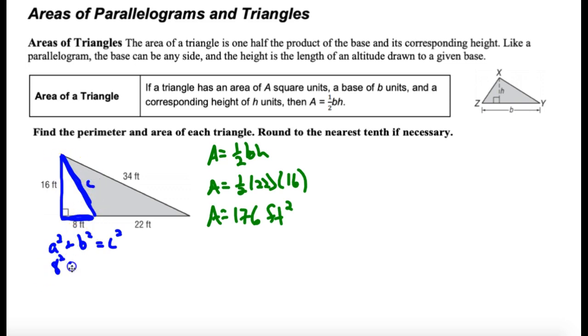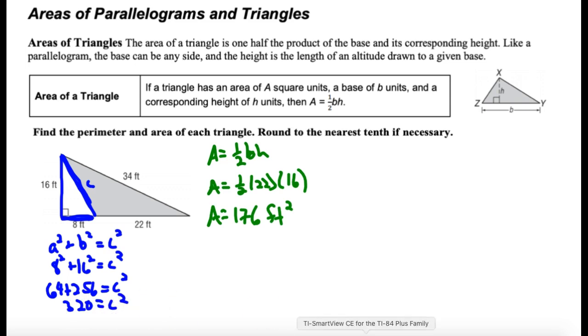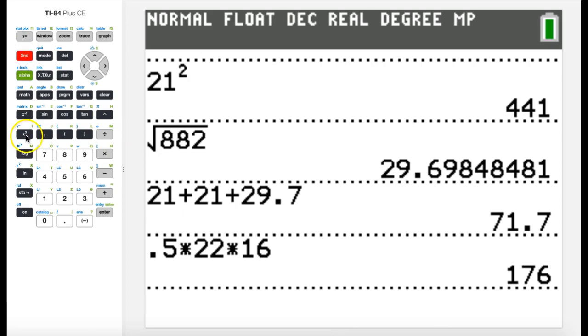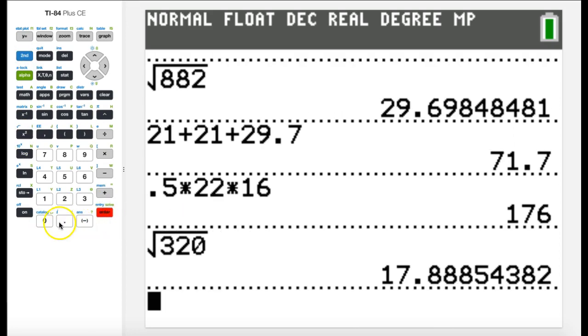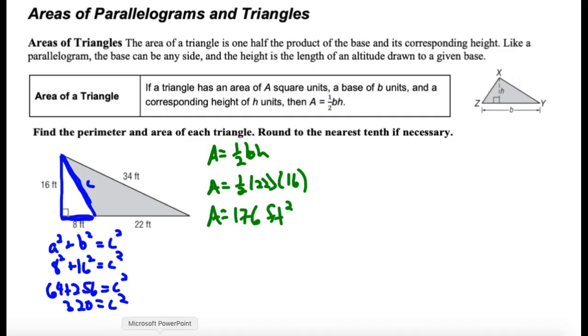So my setup will be 8 squared plus 16 squared equals c squared. So we end up with 64 plus 256 equals c squared, and that is 320. So we will take the square root of 320 and get 17.9. So this missing side is 17.9.